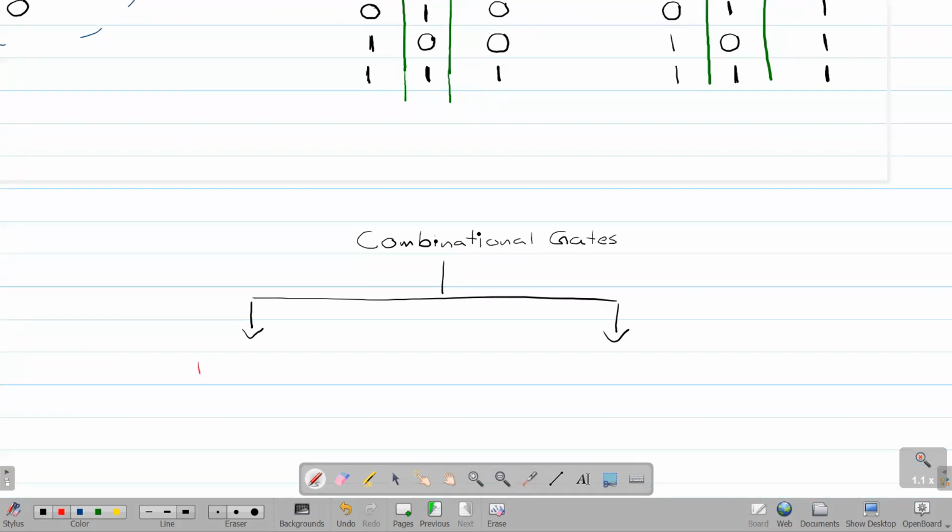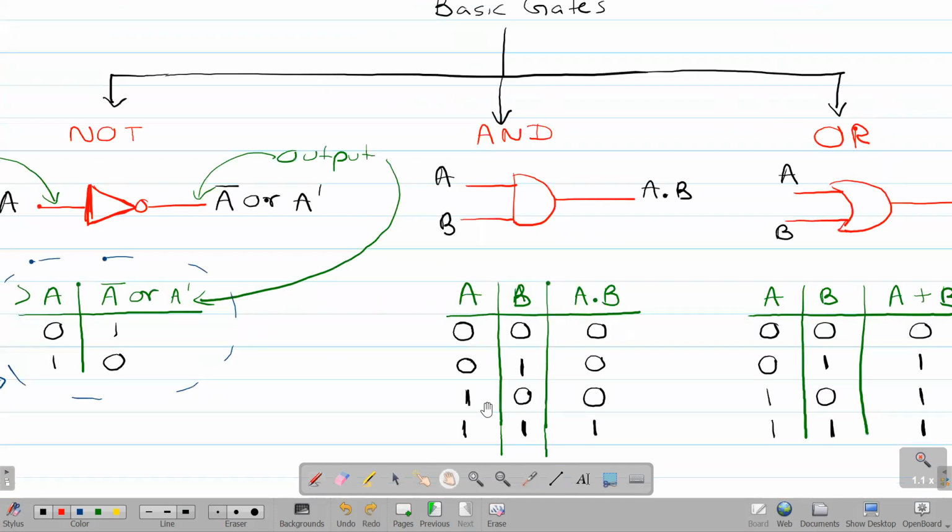The first one is called NAND. First I'll show you how the NAND gate happens.